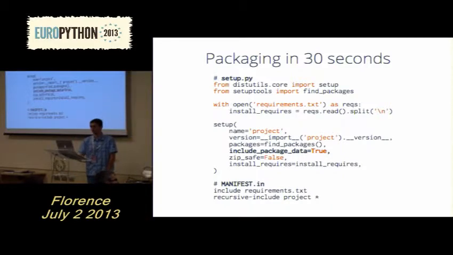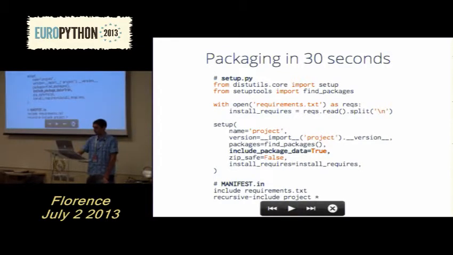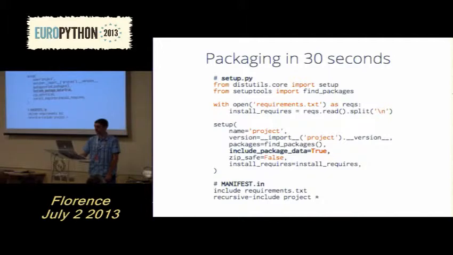I'm going to put the slides online so you don't have to take any notes. If you have a web application, most of the time you have also web assets like templates and images and CSS, and you need to include that in the package. So that works with the include package data argument and a manifest where you just say include everything under my project.